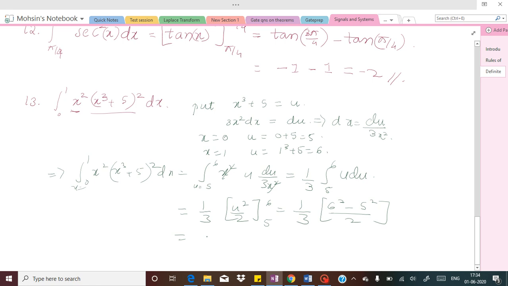So this is going to be equal to 1 divided by 9, 6 cube is 216, minus 5 cube is 125, 216 minus 125 is 91.